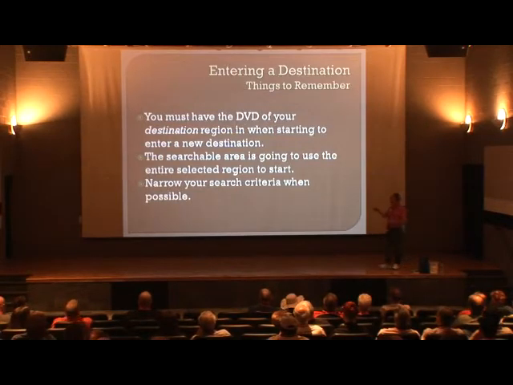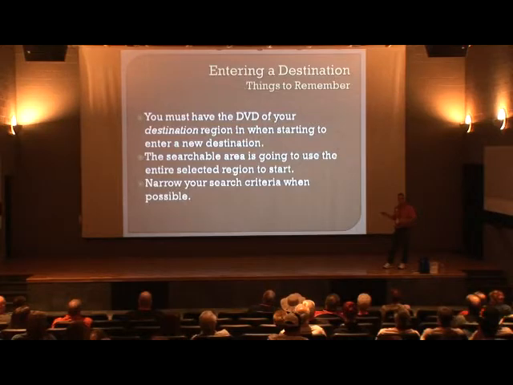So, does everybody know that you have to have the DVD of your destination in the GPS when you're starting to plan a trip? All right, fantastic, because if you don't, you'll never get there. If you are in Massachusetts or you are in Kentucky and you want to go to California, put the west disc in your unit.